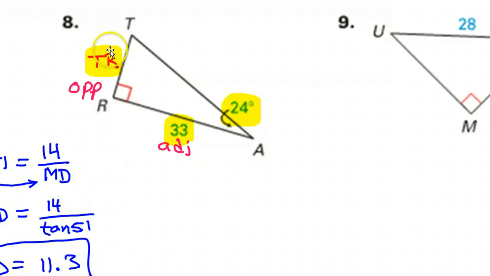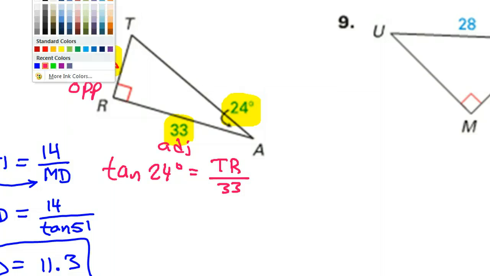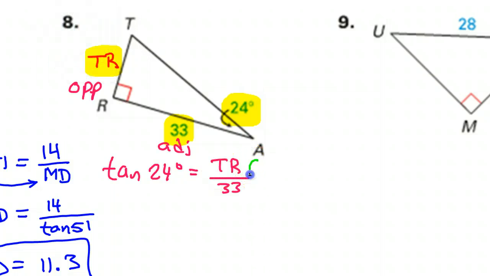So let's set up the tangent function. So we will say tangent of 24 degrees is equal opposite over adjacent. So TR over 33. And right about now is where we will multiply by 33. Notice we won't do any swapping or anything. That's only for when the variable is in the denominator. When the variable is in the numerator, you just want to multiply.